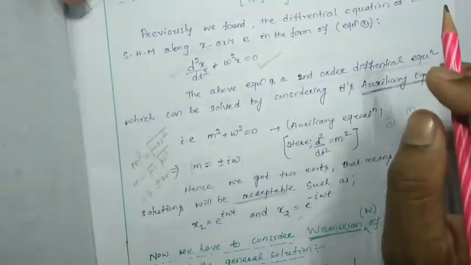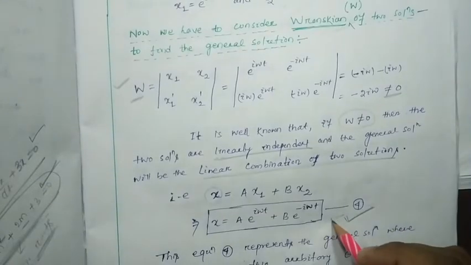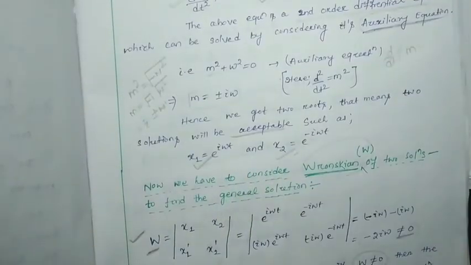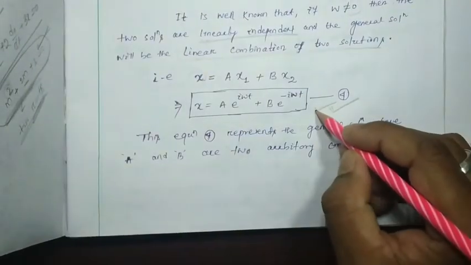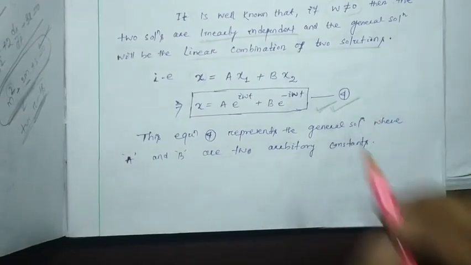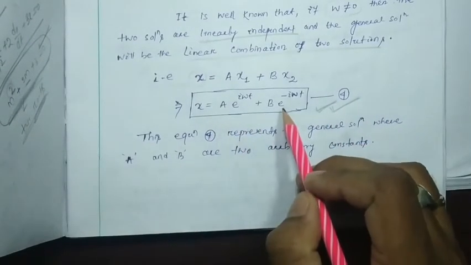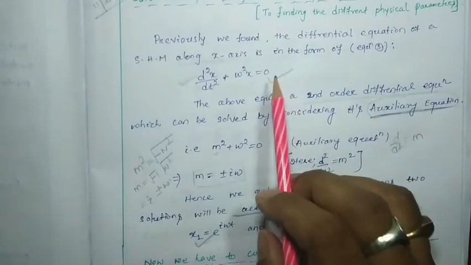Okay, so we found that this will be an acceptable solution and this too is an acceptable solution, but we always have to consider the general solution, that is this one. So the general solution we found, x equal to a e to the I omega t plus b e to the minus I omega t, is the general solution of the differential equation, or the simple harmonic motion.